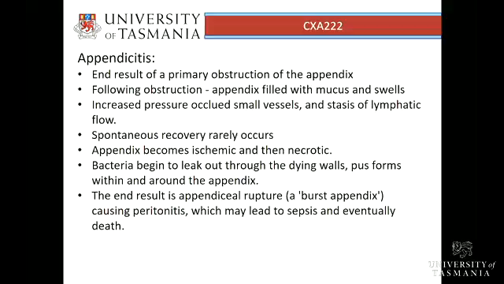The end result of this swelling, this stagnation, this mucus production and bacterial growth is an appendiceal rupture, a burst appendix. So this will cause peritonitis because you've got all of that contaminated material then flooding into the peritoneal cavity, which can lead to sepsis and eventually, and quite quickly, a very painful death.